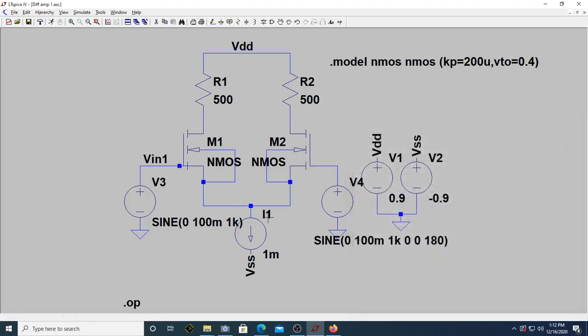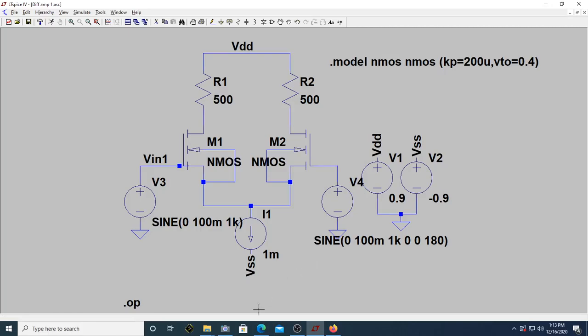So we are through with the current that is flowing here, and of course you can also find out what is GM. As per this expression, GM is given by under root of 2 ID Kp W by L. ID is actually 500 microampere.